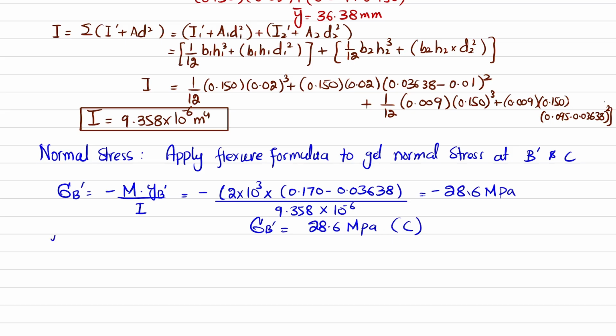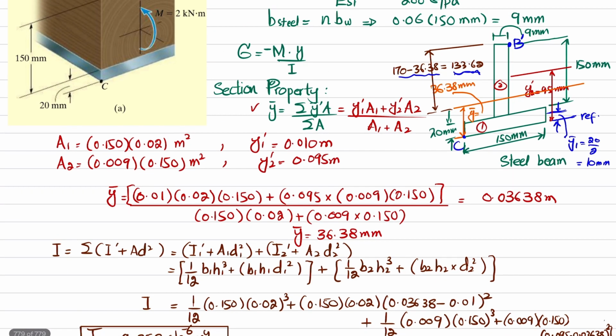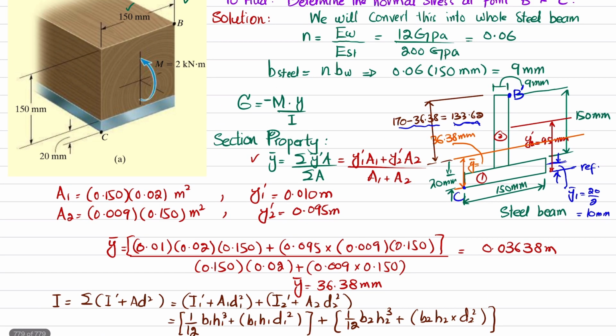Now for point C, sigma C is minus M into YC divided by I. Again, minus M is 2 into 10 to the power 3. What is Y? Y is the distance from the neutral axis to point C, which is 36.38 millimeter, and it is downward, so it will be negative.